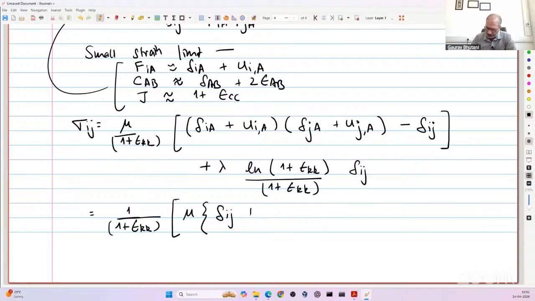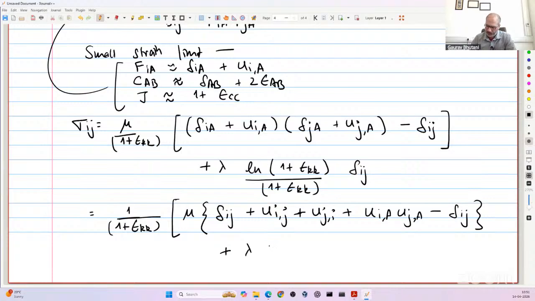Then you have linear terms, which is u i comma j, and there's a u j comma i, and then you have a second order term, which is u ia times u ja, and there's a minus delta ij term as well, plus lambda, and then we have a log of 1 plus epsilon kk.